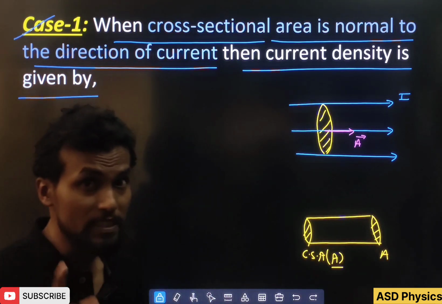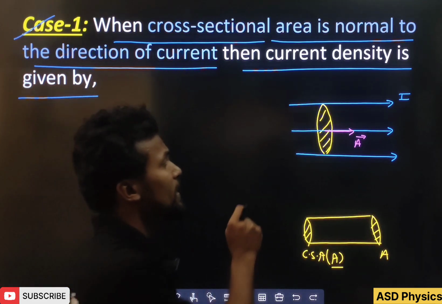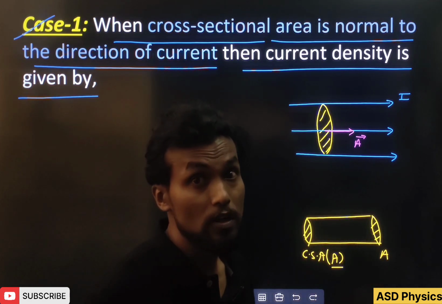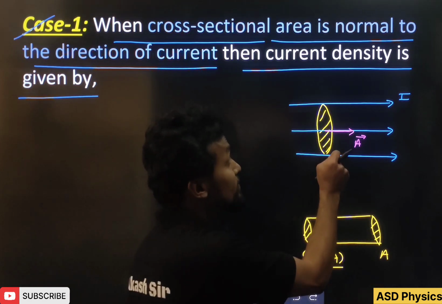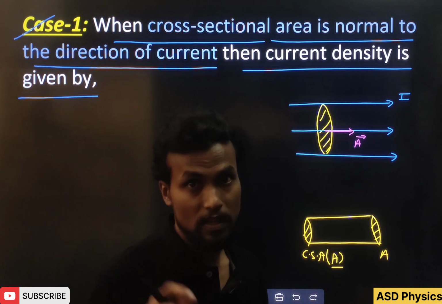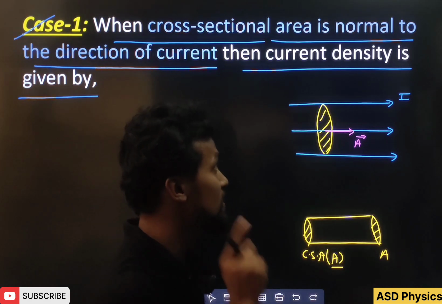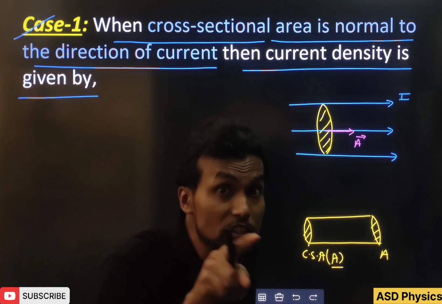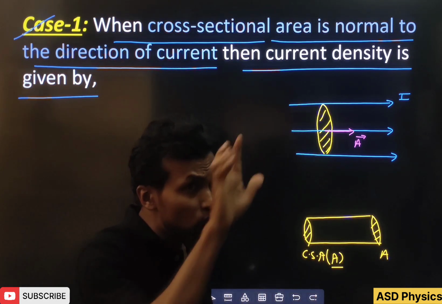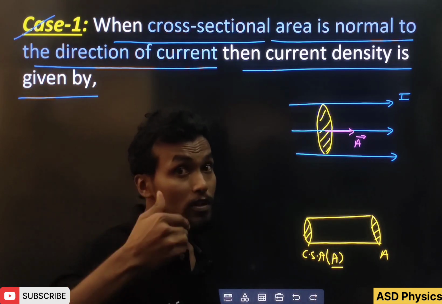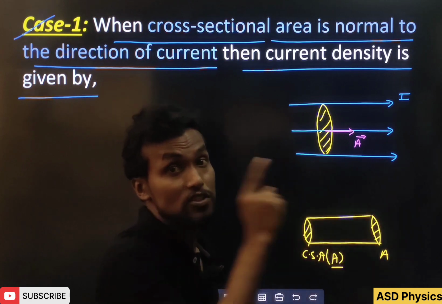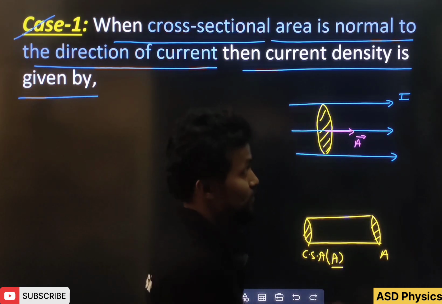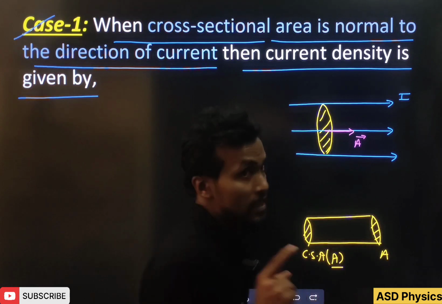Listen very carefully, students. The plane of the area is perpendicular to the direction of the current, but the area vector is along the direction of the current. The plane of the area is the YZ plane, which is perpendicular to the current along the x direction, but the area vector is along the x direction, and the current is also along the x direction.